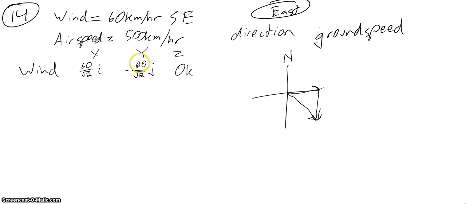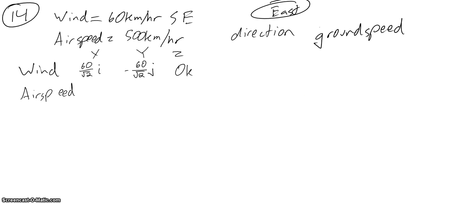So find the magnitude using the Pythagorean theorem, and then simply make it negative or positive depending on which way it's heading. So right now the x part is heading to the right, east, which makes it positive, but the y value is heading south, and so it's negative.